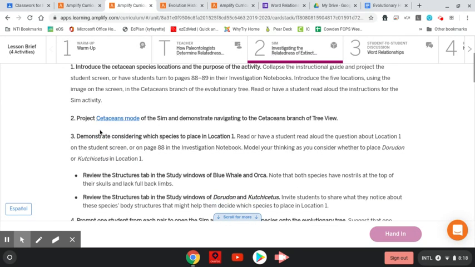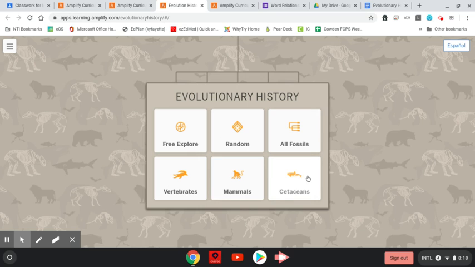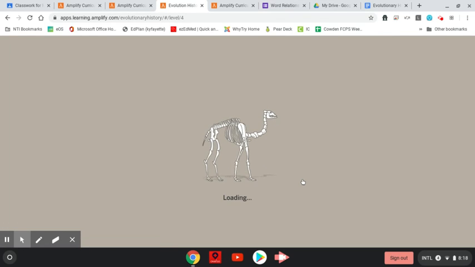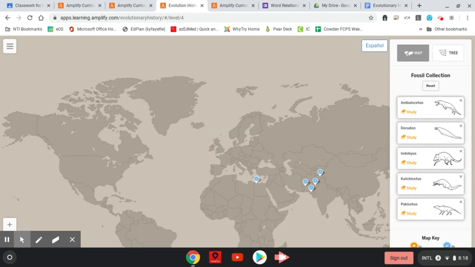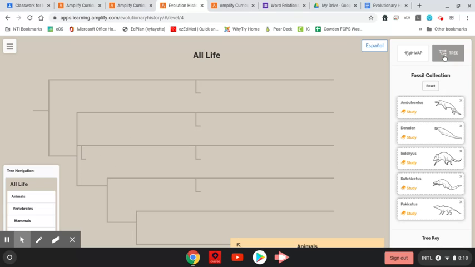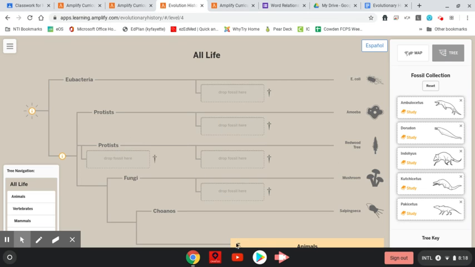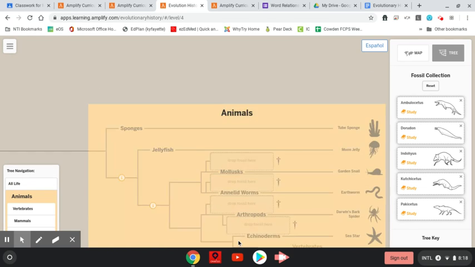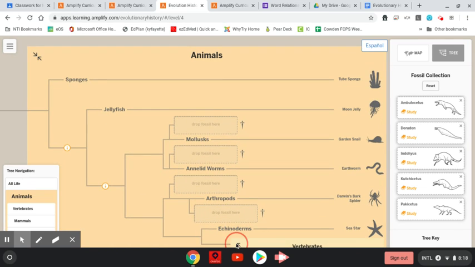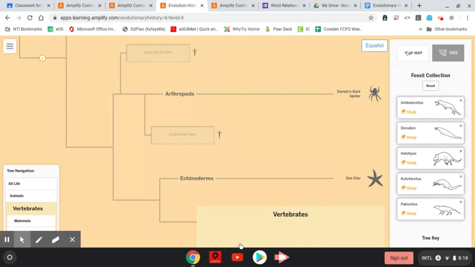Now for the second part, it is a simulator. I'm going to walk you through doing the simulator, and I have attached a picture of the final product for you to refer to. So when you open the simulator, it wants you to click Coelacanths, click Family Tree, and we have to scroll all the way through all these just to get what we want, all the way down to Coelacanths.